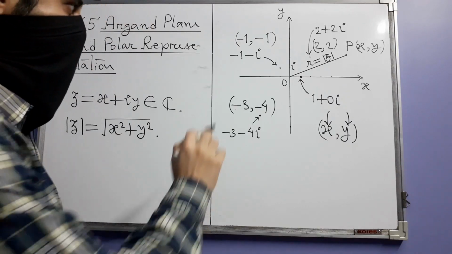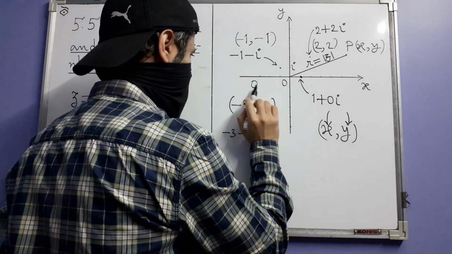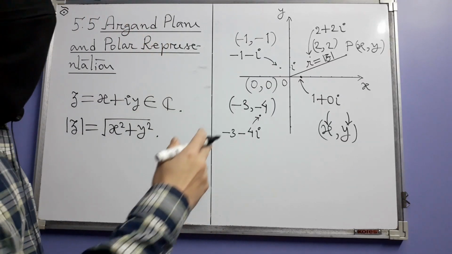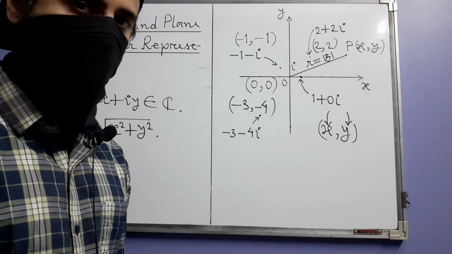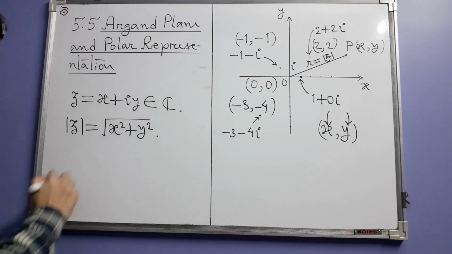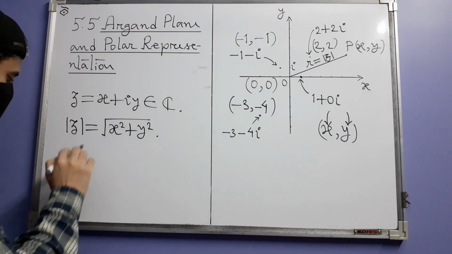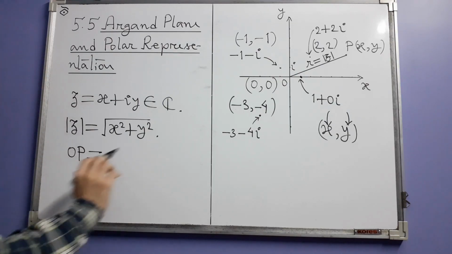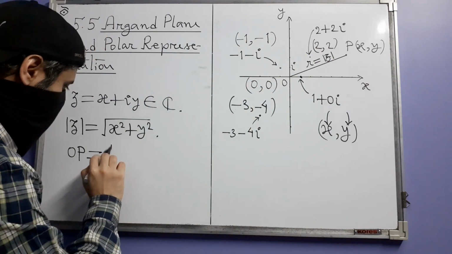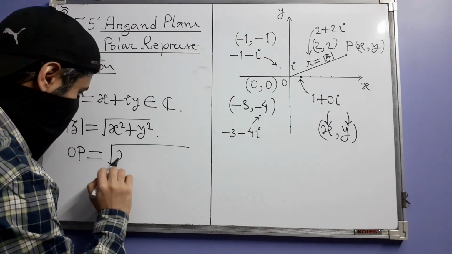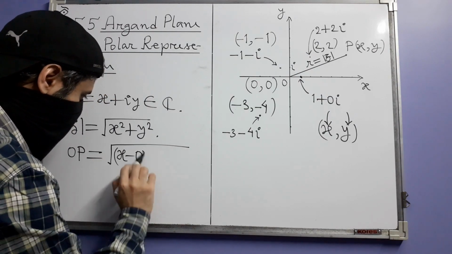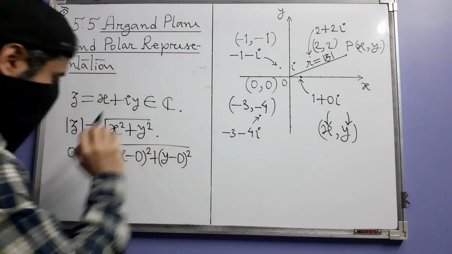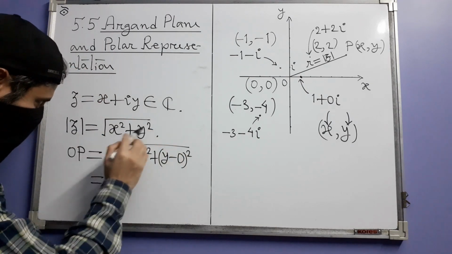Now we know the Cartesian coordinates of the origin. So using the distance formula that we know from coordinate geometry, what will be the length of OP? In other words, what will be the distance of P from the origin? It will be this, which is nothing but that thing.